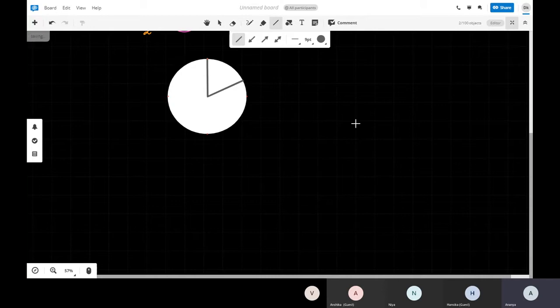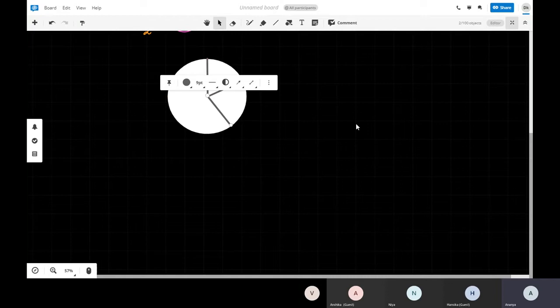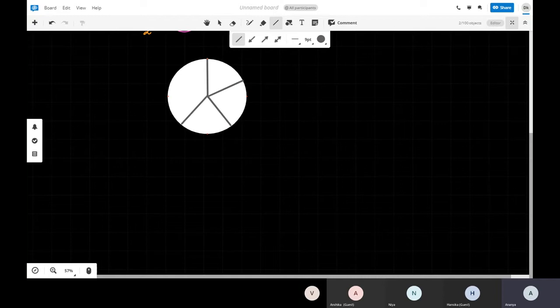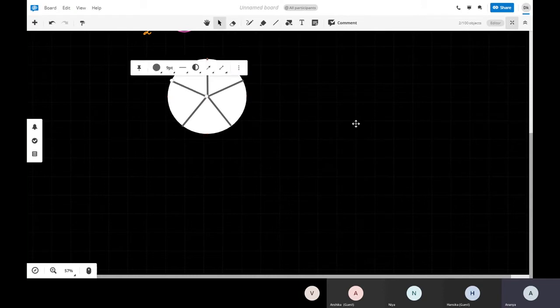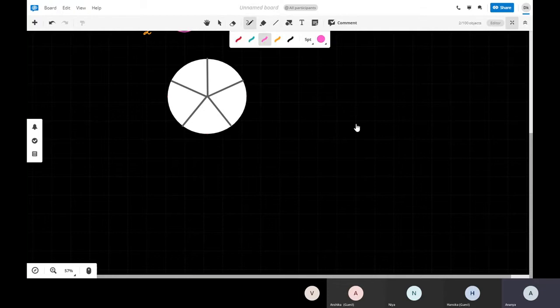Okay, so this is a pie chart and this is how I have divided it.